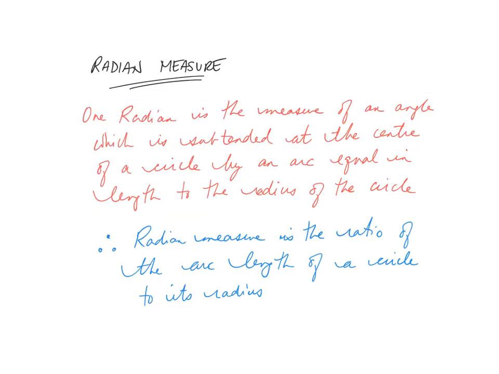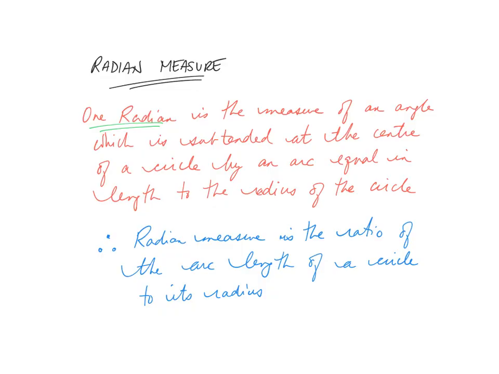And so if we're going to break down this new measurement system, Radian Measure, then what we need to do is break down specifically what is 1 radian. And this is the important feature. That 1 radian, as we go through to determine it, is the measure of an angle which is subtended at the center of the circle.